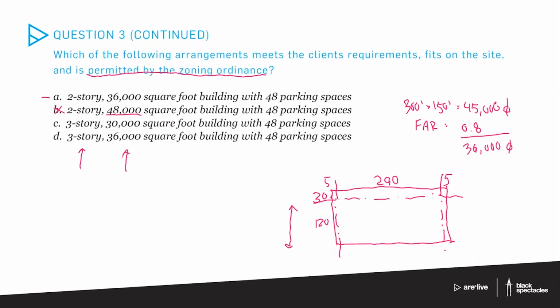So we're going to try to lay this out as efficiently as possible because remember, one of the requirements of this question is that we need to fit everything on the site with the parking. So for the purposes of this, let's assume a 2-story cube that goes all the way to the setback lines. 36,000 square foot building divided by 2 means that we're going to have 18,000 square feet per floor.